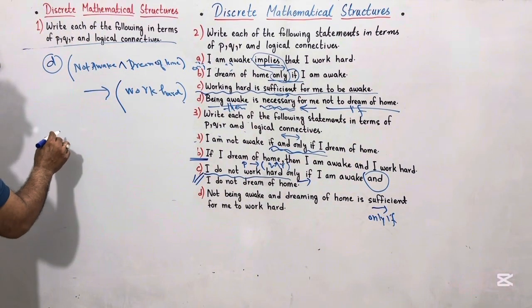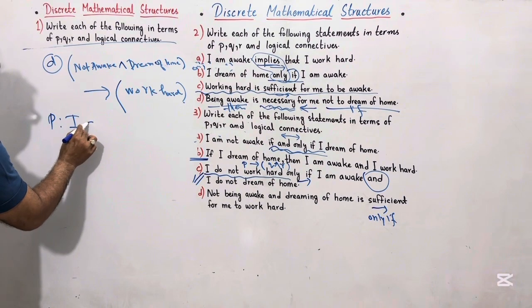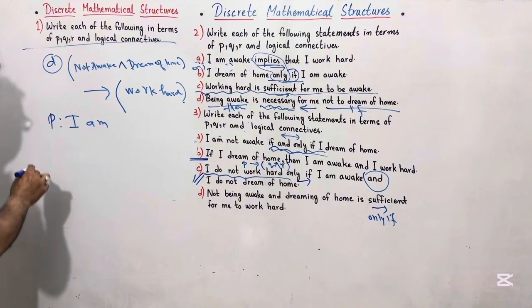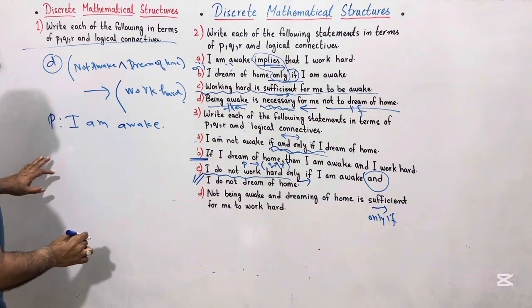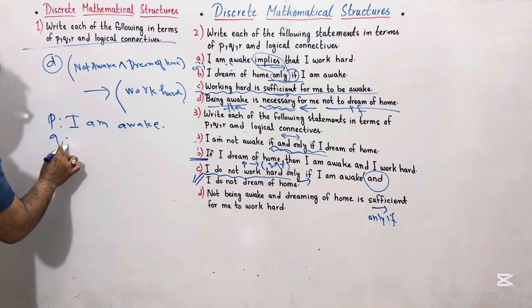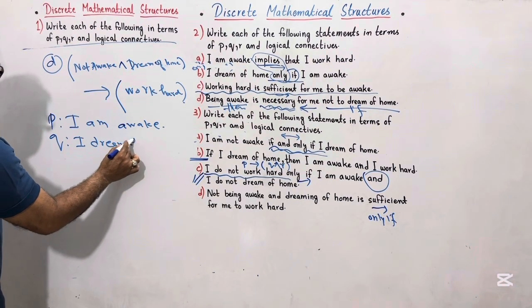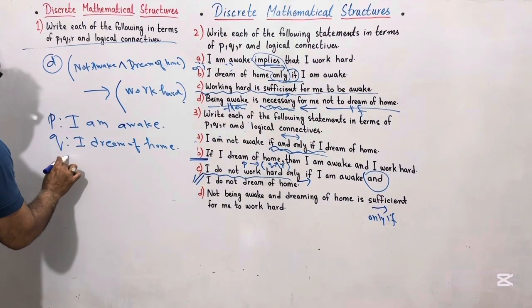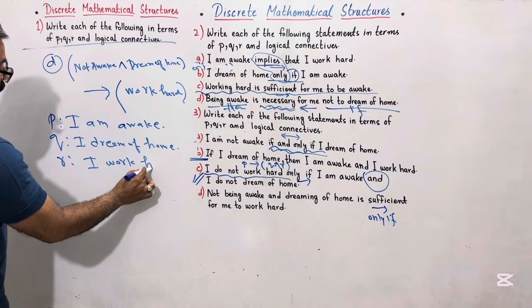Naming them, suppose P is I am awake. We are basically taking the proposition as positive. Q, I dream of home. And R, I work hard.